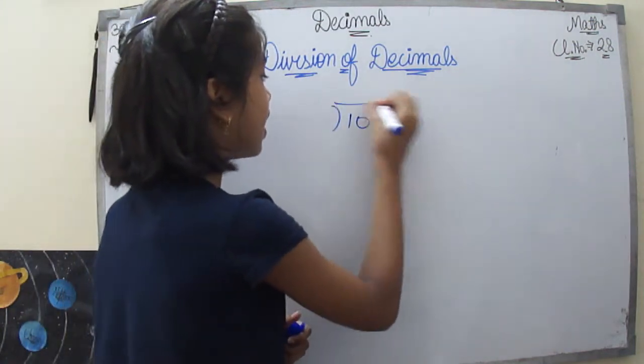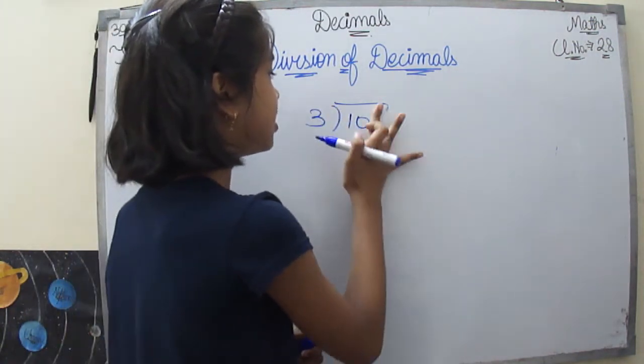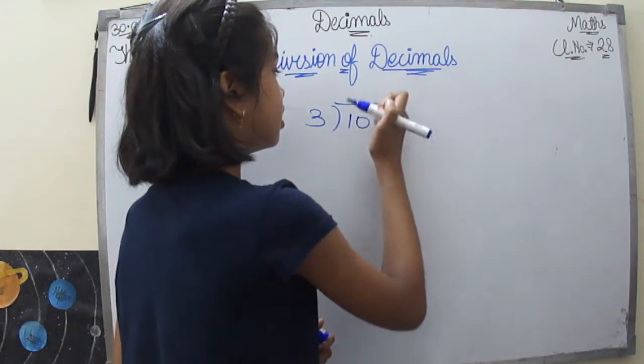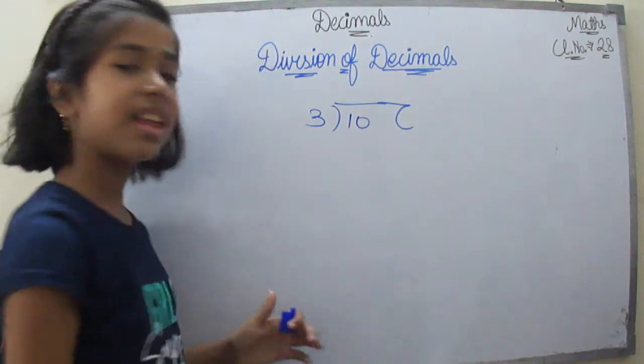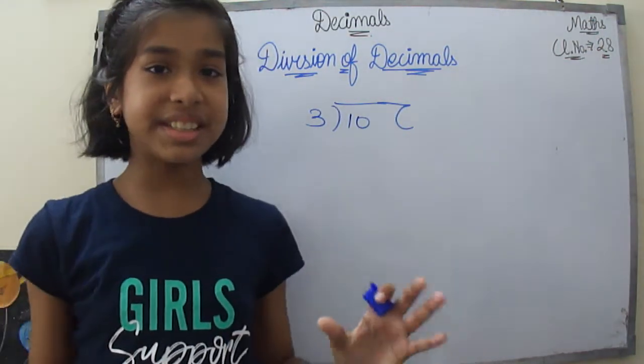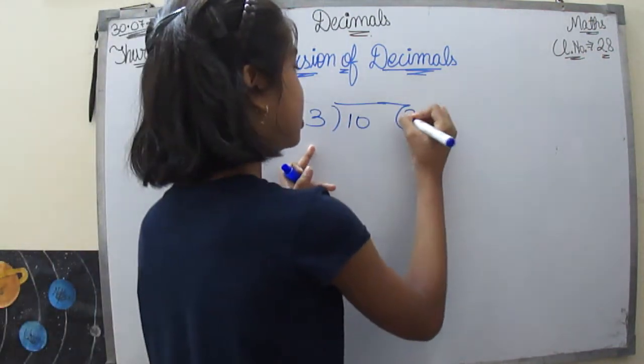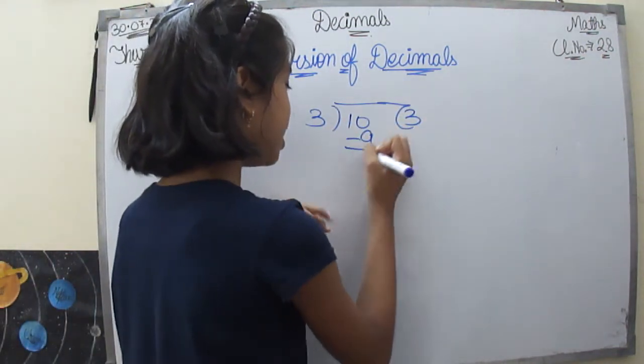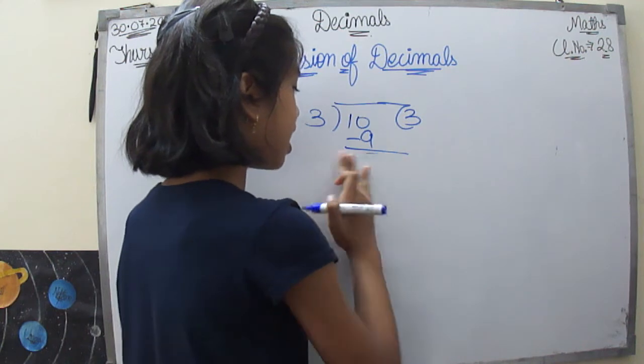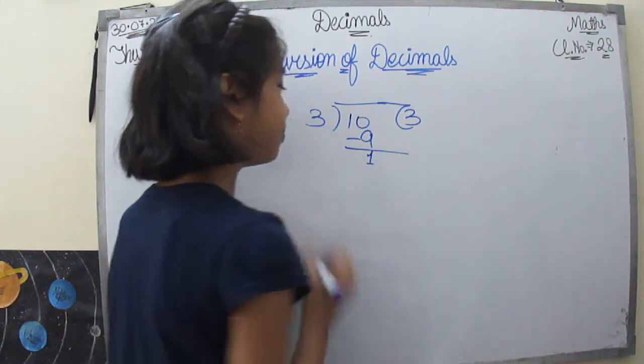So if I divide this, now you can easily say that 3 into 3 is 9. So we will do that, and then we will get our answer as 1.